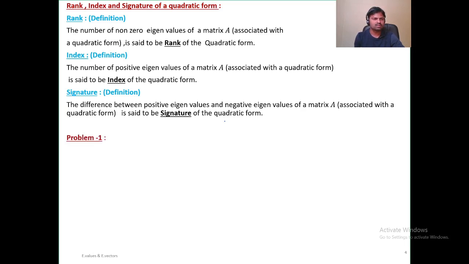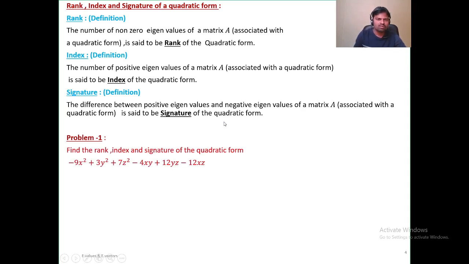Now let us go to the problem about these three definitions. Find the rank, index and signature of the quadratic form. Now let us start. First you write the matrix A. The quadratic form is given.